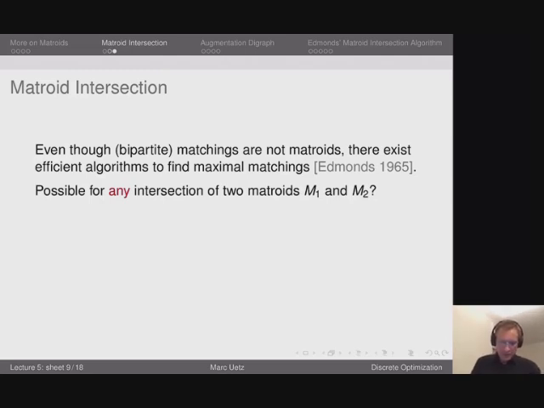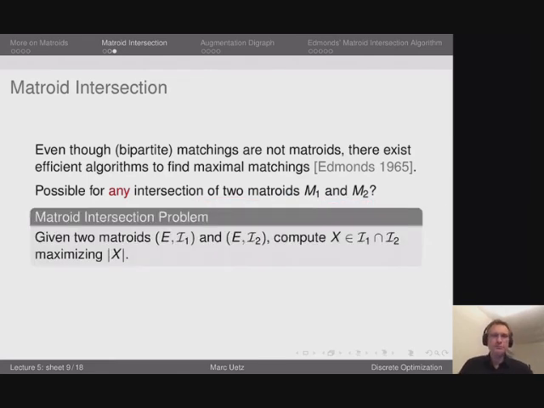So can we find efficient algorithms for combinatorial structures, say maximal or minimal basis, for subset systems which are defined as the intersection of two matroids? Yes or no? And that is the matroid intersection problem. Given 2 matroids, we want to compute maximum cardinality subsets which are independent for both matroids.